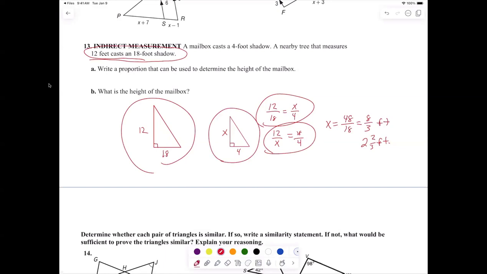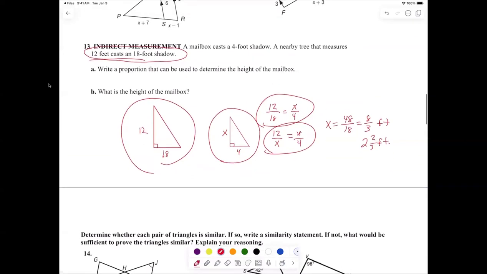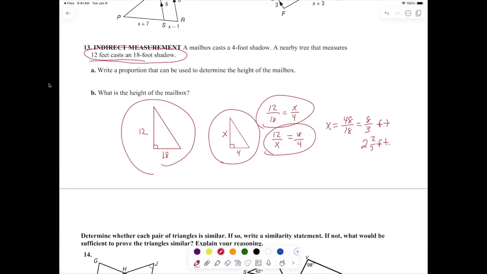Maybe I'm not clear. Look at this. Do you see it says the shadow's 18 feet? So here's the 18-foot shadow. The shadow over here of the mailbox is 4. You with me?